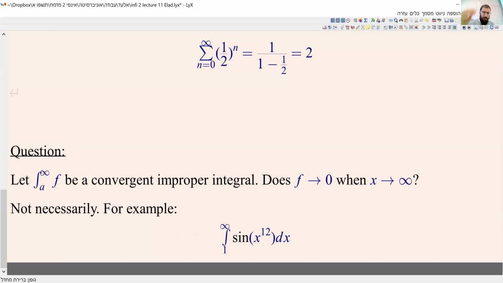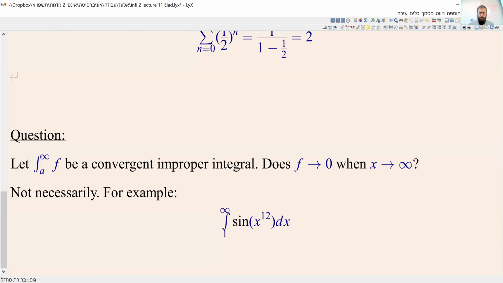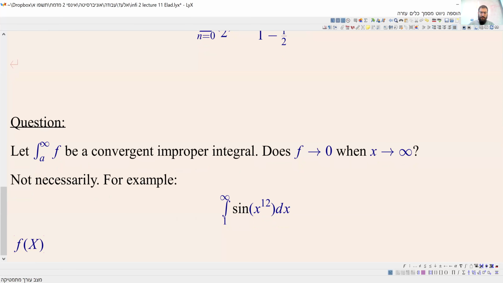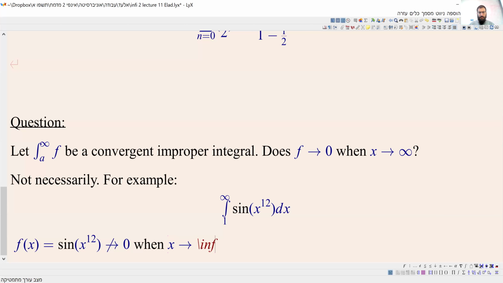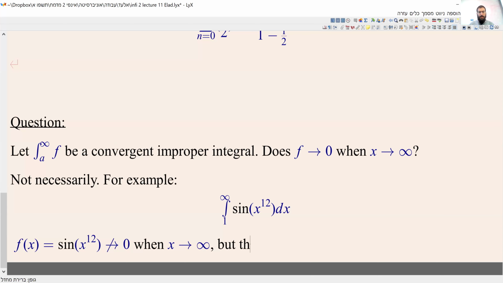It does not have a limit at all. Take f(x), which is sine of x to the 12, and the integral is convergent.